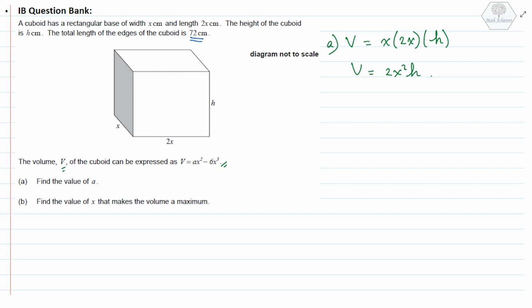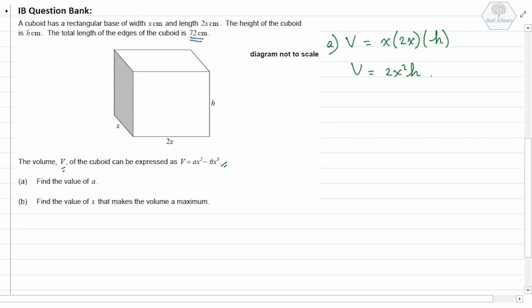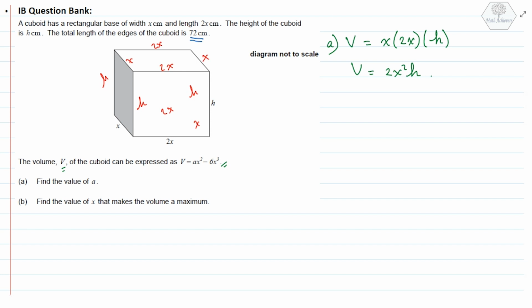The edges that we have: this is h, this is h, this is h, and inside there is h. I have 4 h's. Also this is 2x, 2x, and I have at that side 2x. I have also four 2x's, and for the x it's the same. And the length of all the edges is equal to 72.